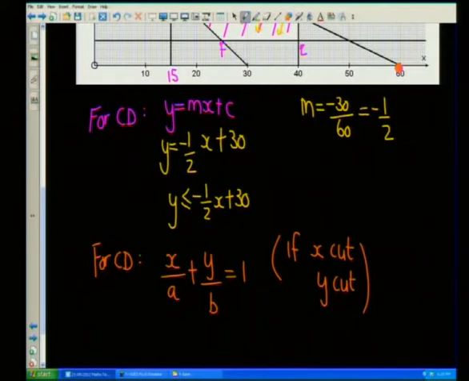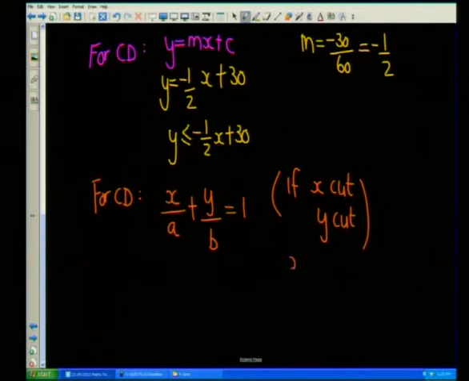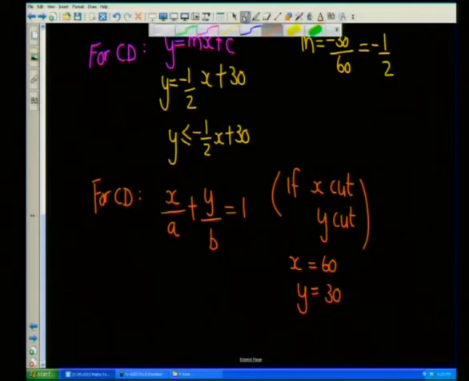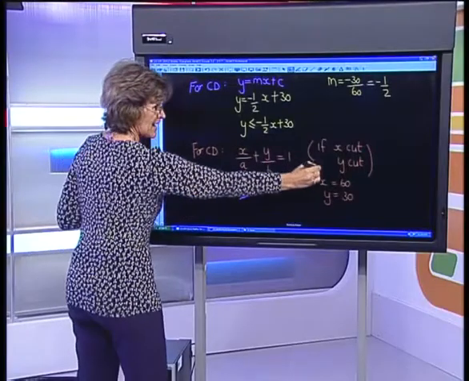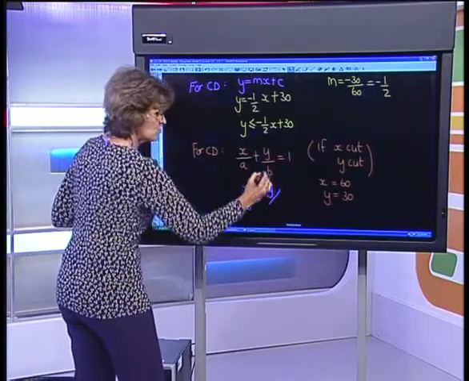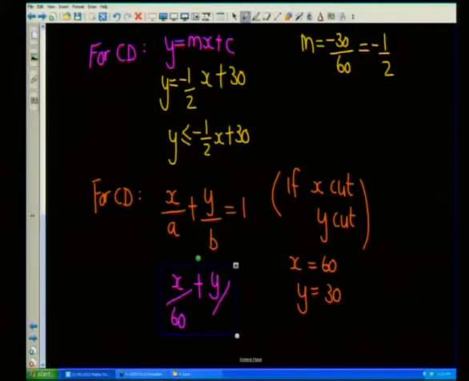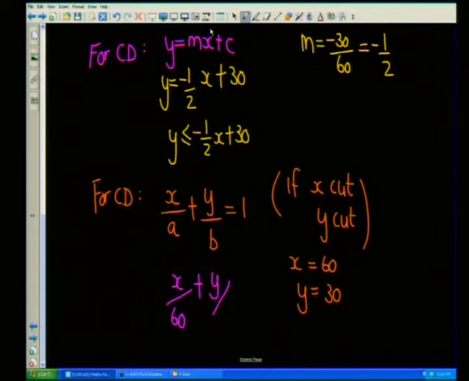Okay? So, remember I said that my x cut was at 60 and my y cut was at 30. And this is how fantastic this formula is. So you put x and you divide it by the cut, which is 60, and you put y and you divide it by the cut, which is 30, and we put that equal to 1.